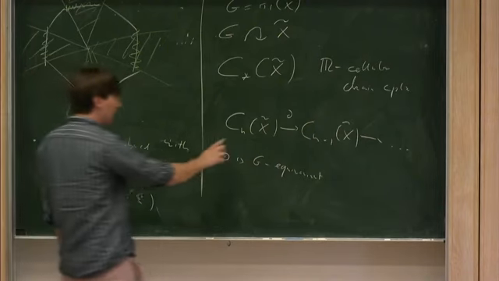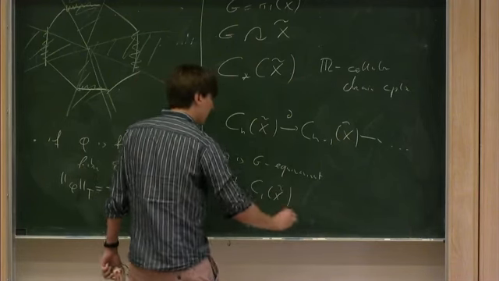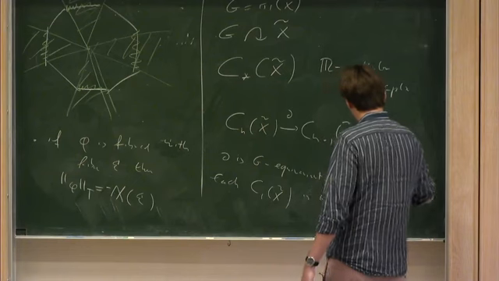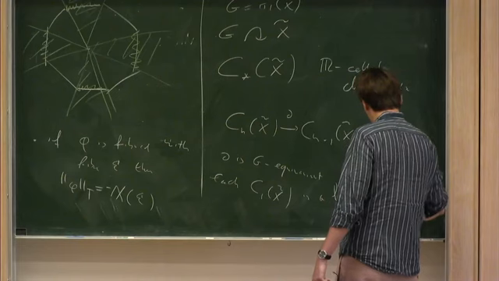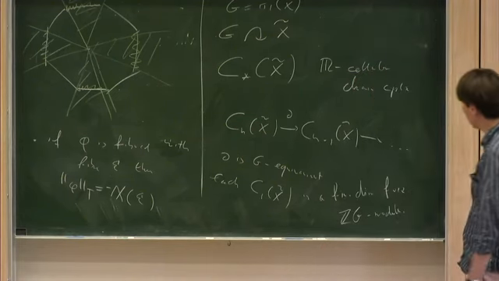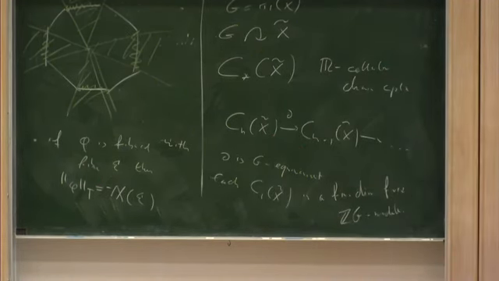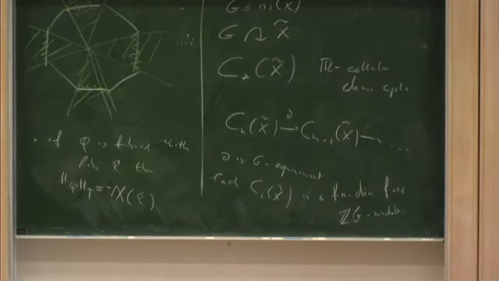So each Ci of X tilde is a finite dimensional ZG module. We will not think about this chain complex as anything topological. We are going to think about it as an algebraic object. So this is now a chain complex of finite dimensional ZG modules, and the partials, as I just told you, are G equivariant, so they are ZG maps.